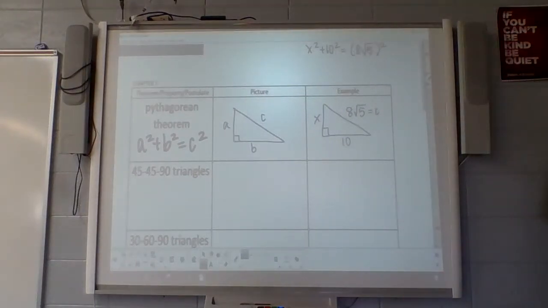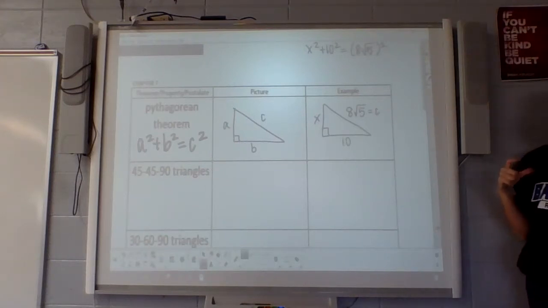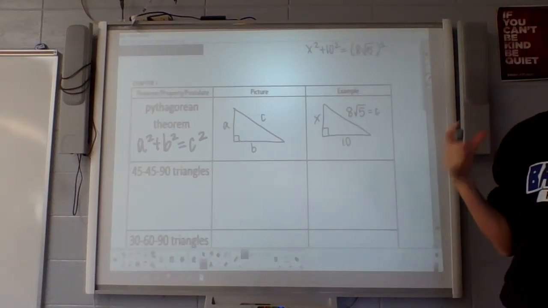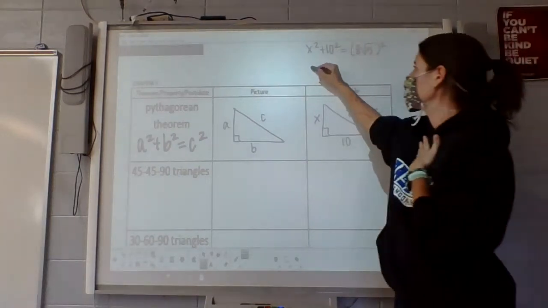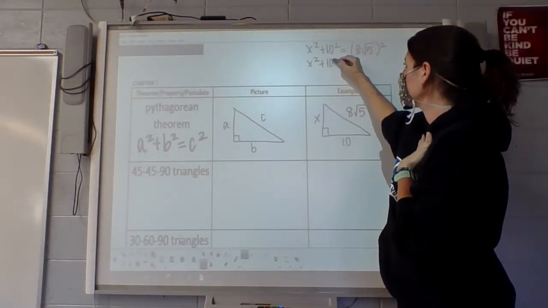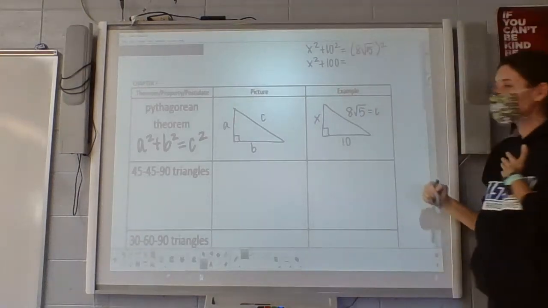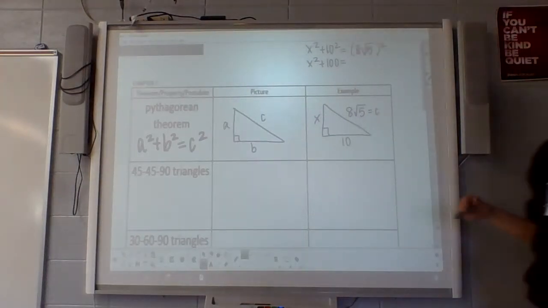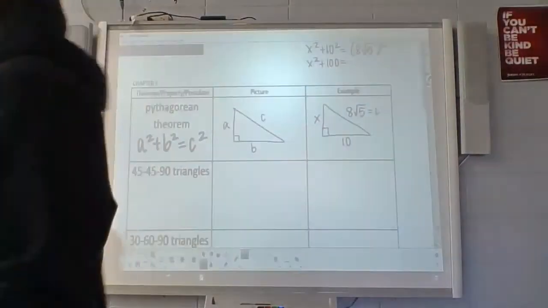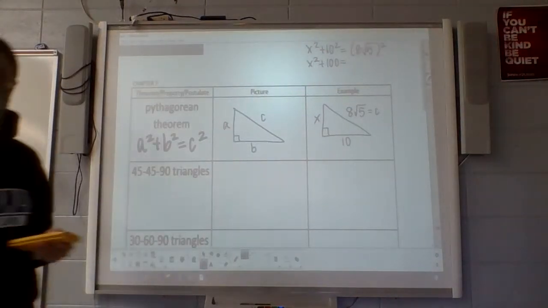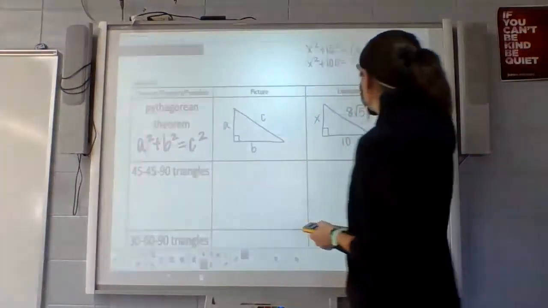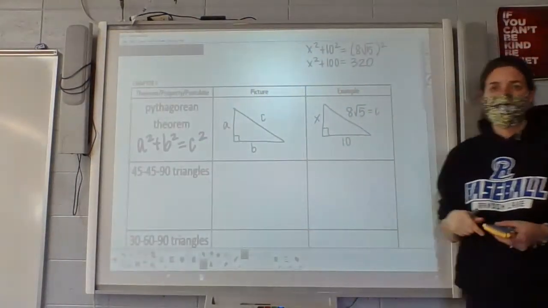Be careful to put that 8 square roots of 5 in your calculator with parentheses around it, otherwise it's going to try to simplify it in a way it shouldn't. So this is 100. But 8 square roots of 5 squared, I believe it's 320. Do you get that when you square that?